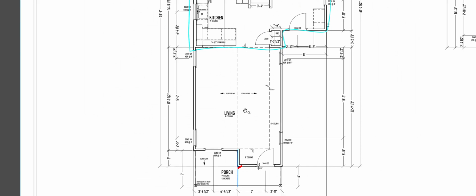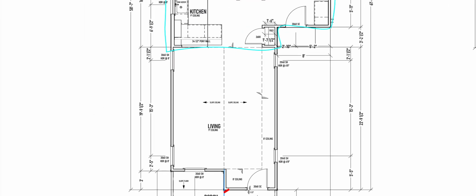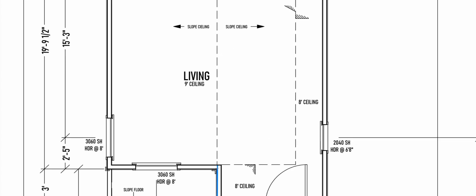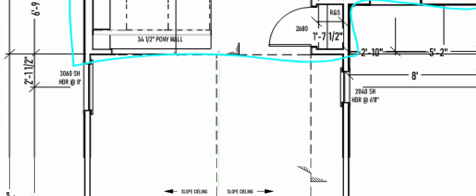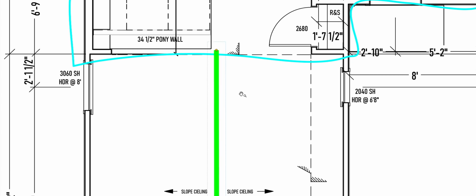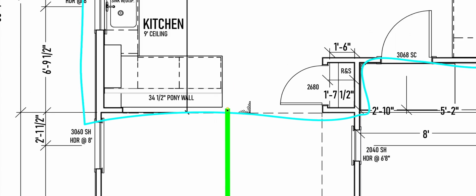And then the living space is vaulted, which only means one thing. It means it has to be a beam from here to here. And you ask, well, what's going to support up this end? Well, there's probably going to be another beam that is from this wall to this wall right there.